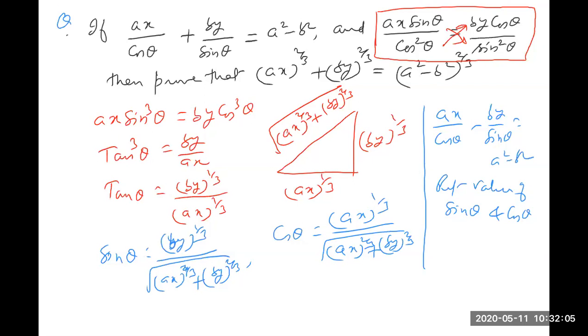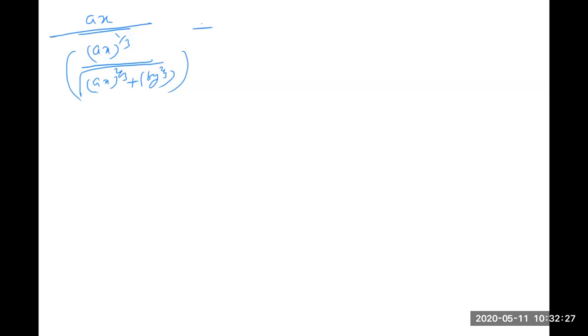So on the next page, I am going with ax upon cos theta. Cos theta is how much? Ax raised to power 1 upon 3 upon under root ax raised to power 2 upon 3 plus by raised to power 2 upon 3, plus by upon sin theta.